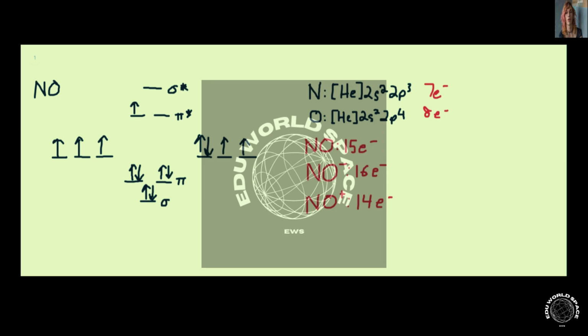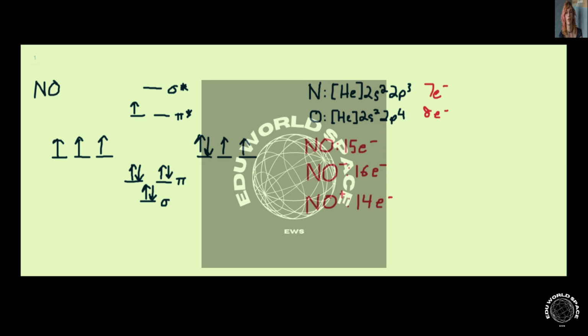And you can see that the pi antibonding molecular orbital for NO is not completely filled. So 3 is out. By process of elimination, our answer is going to be 2.